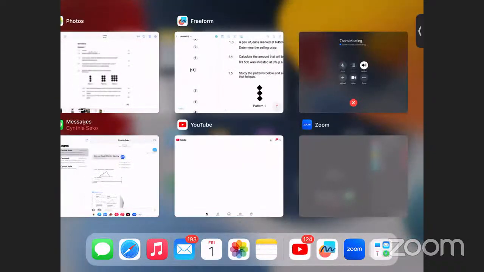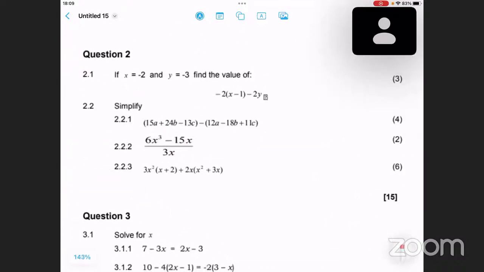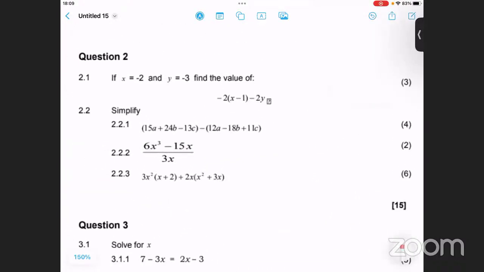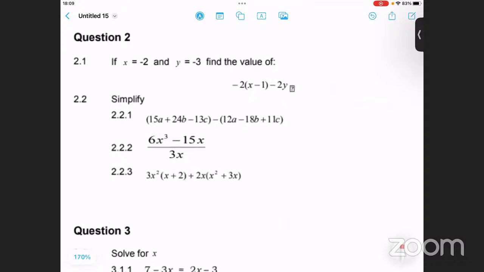And I'm just gonna try to bring back the screen. Biganyo, what are we going to have for this question? 2.1. Ma'am, you're gonna firstly simplify the following.